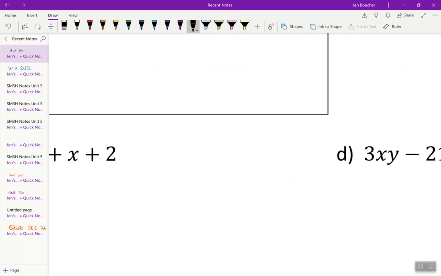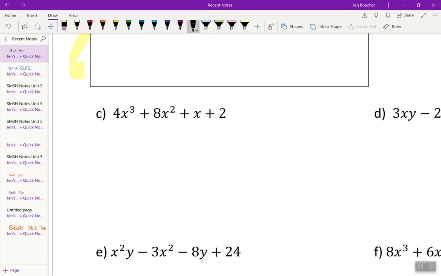Will you please try part C on your own? Get as far as you can. Group the first and second.